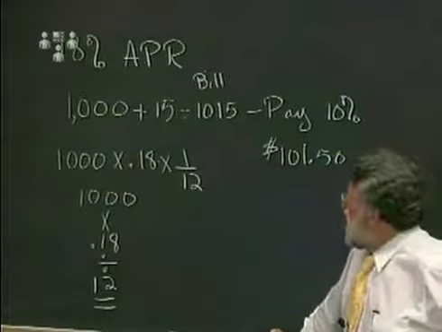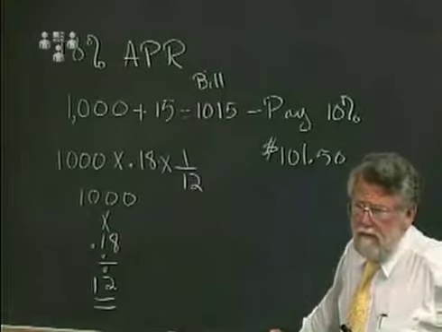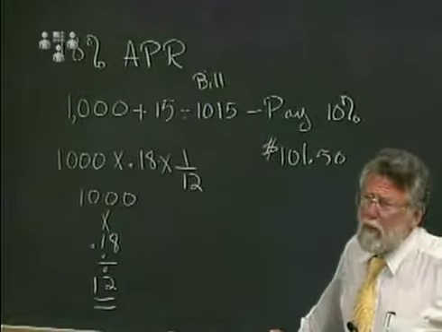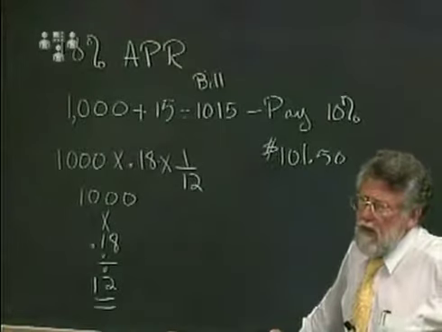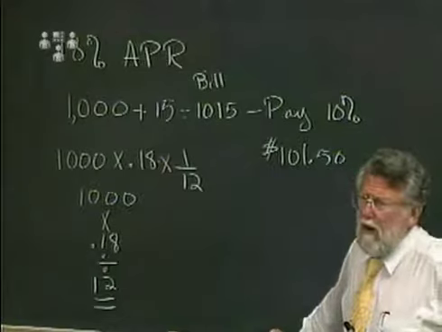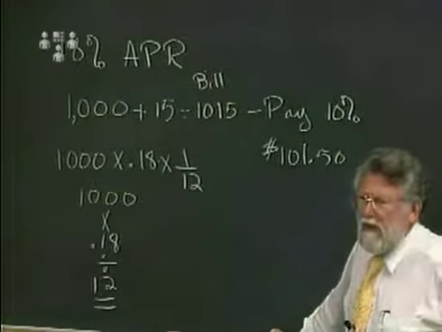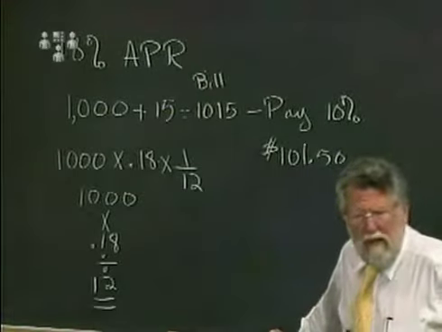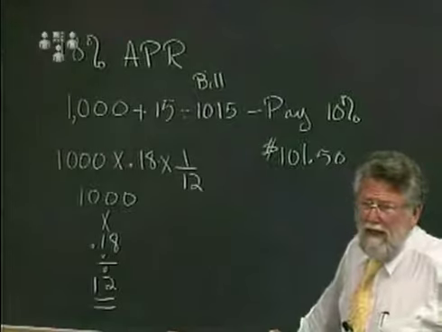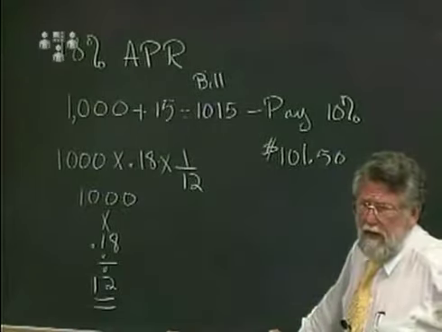Based on your credit rating and your debt to income ratio, they may moderate the advertised APR to a different figure because of your pay schedule, how you pay your payments, and how much you owe. So this is not looking at it in as much detail as we might.